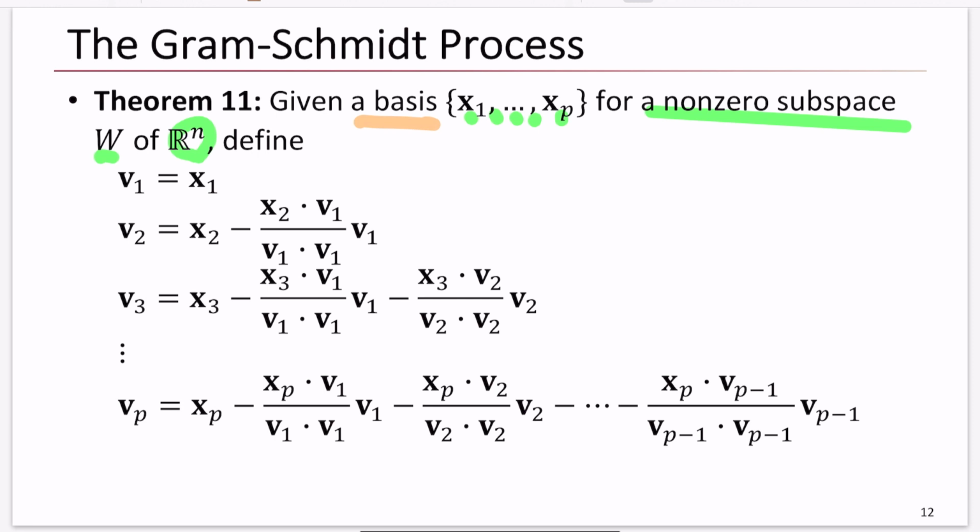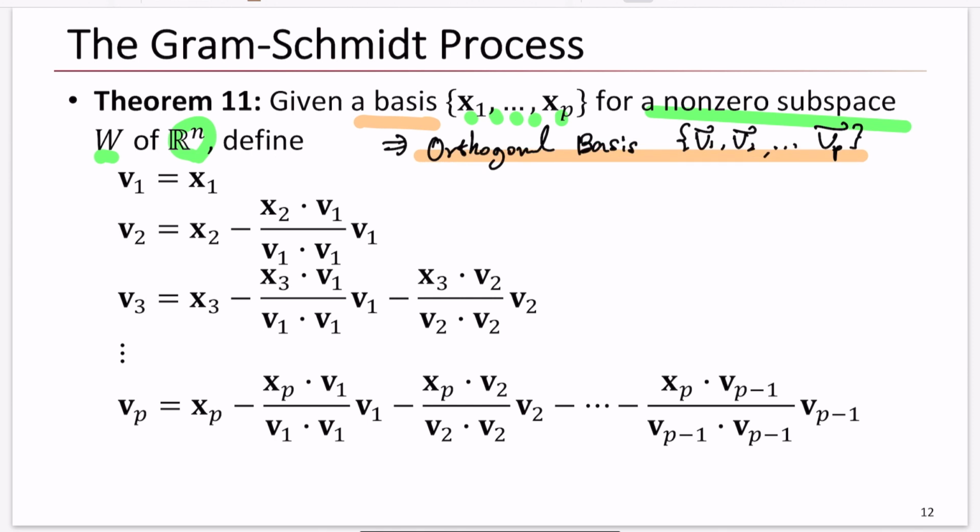So the goal of the Gram-Schmidt process is to make an orthogonal basis v1, v2, up to vp.